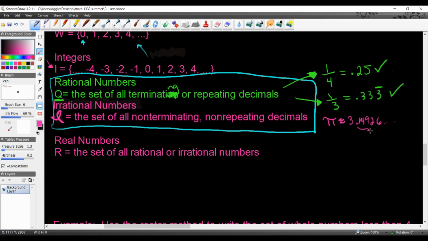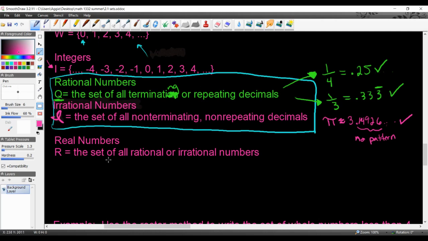And these numbers, there's no pattern to them. And if you remember from the section before, where we had to kind of look at some patterns, these ones don't have a pattern. So if there's no pattern, there's no way to figure out what the 50th term is or anything like that. So these numbers are irrational numbers. They're the ones that are not rational, if that makes any sense. So with that in mind, okay, we have the real numbers.